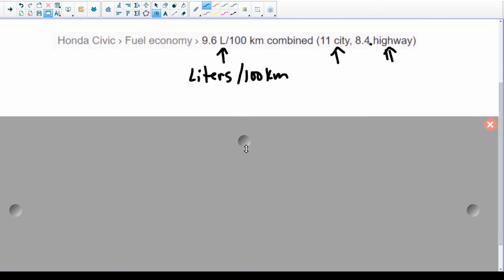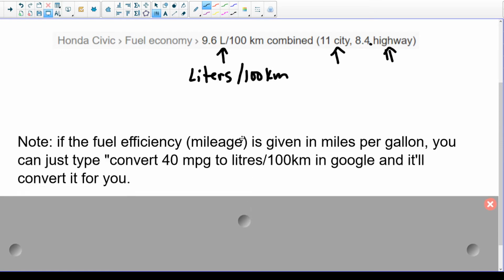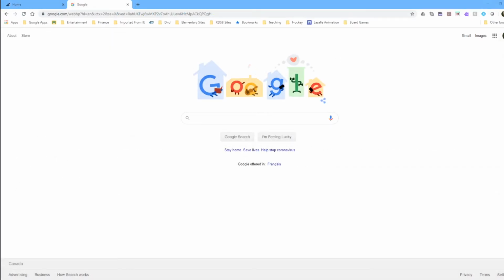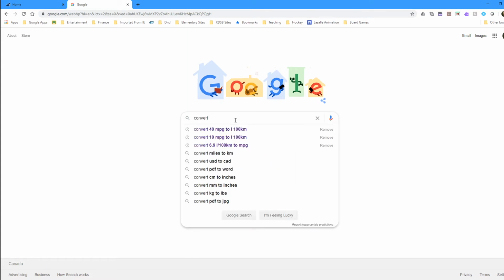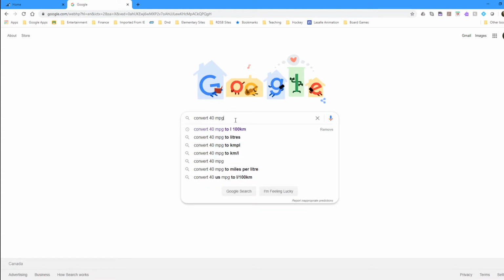Now you may see your fuel efficiency, if you're researching vehicles on US sites, given as miles per gallon instead of liters per 100 kilometers. Just to show you, if you go to Google and type in convert 40 mpg, which stands for miles per gallon, it'll probably immediately give you the option to convert it to, and this is not an I, this is an L, liters per 100 kilometers.